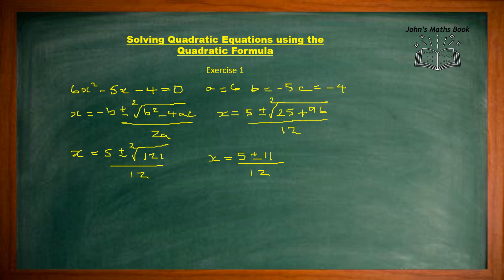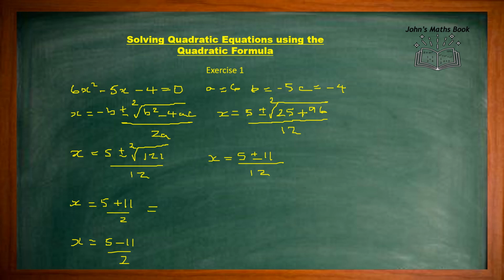So now we have two values of x. x is equal to 5 plus 11 divided by 12, and x is equal to 5 minus 11 divided by 12.